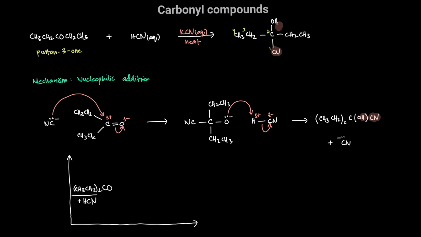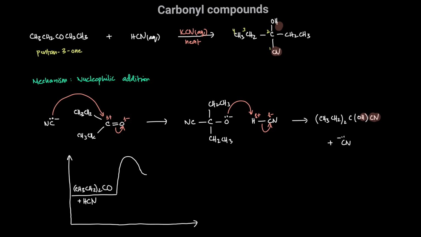Those are my reactants. I have the first step of the mechanism in which the cyanide ion, the nucleophile, attacks the delta positive carbon and the pi bond breaks, and I end up making this anion intermediate. And then I have the second step of the mechanism, where the H from the HCN adds on to the oxygen, giving us this OH group.